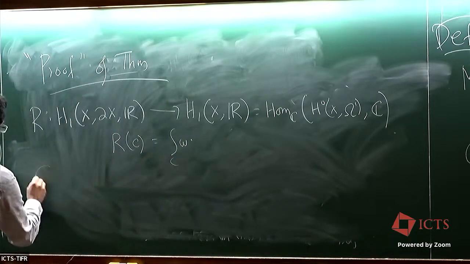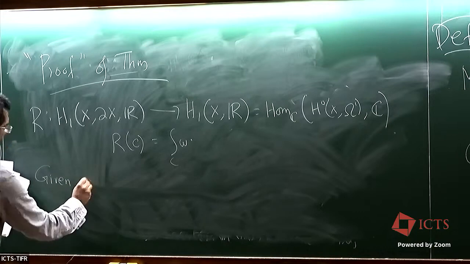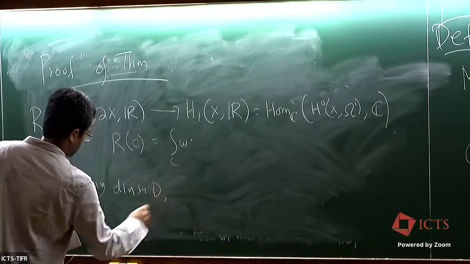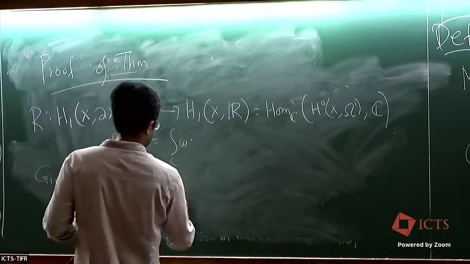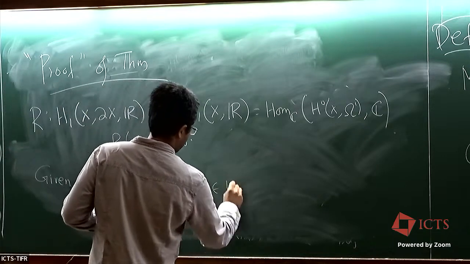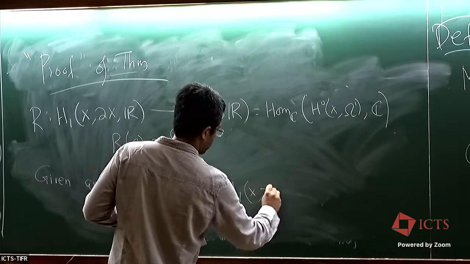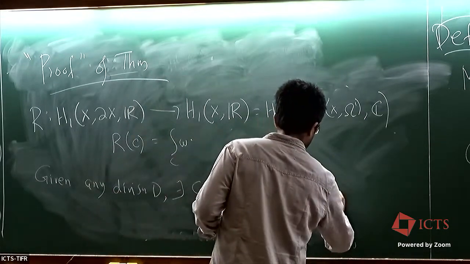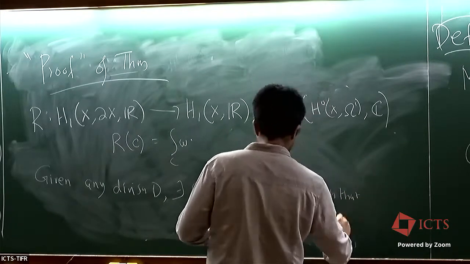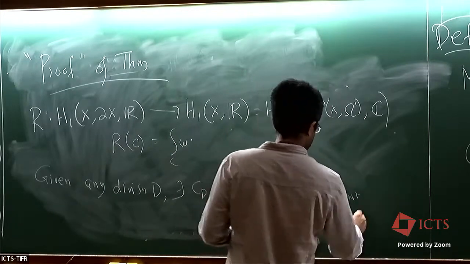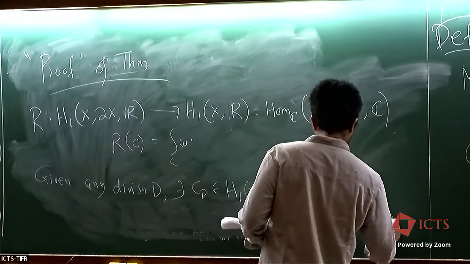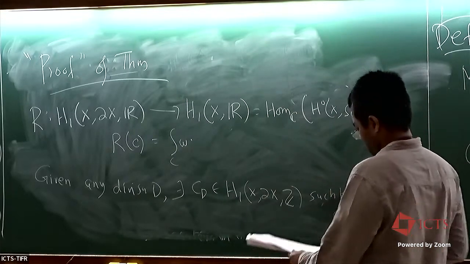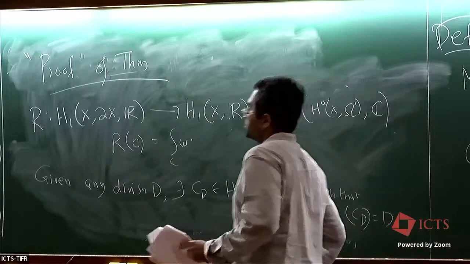So given a divisor E, you can always find such that the boundary is E. I did not define this boundary map, but it is a map from this relative homology group to the cusps.